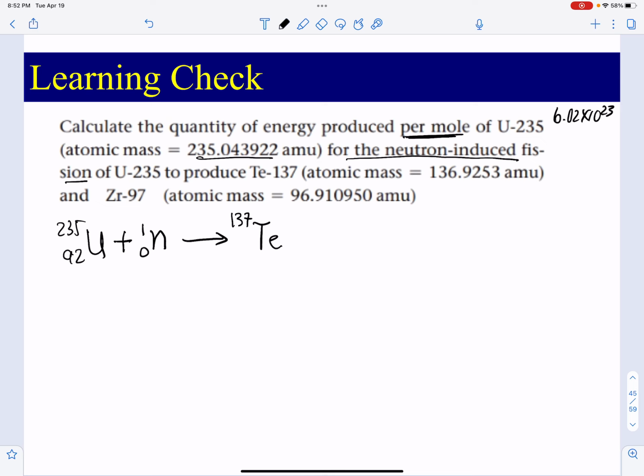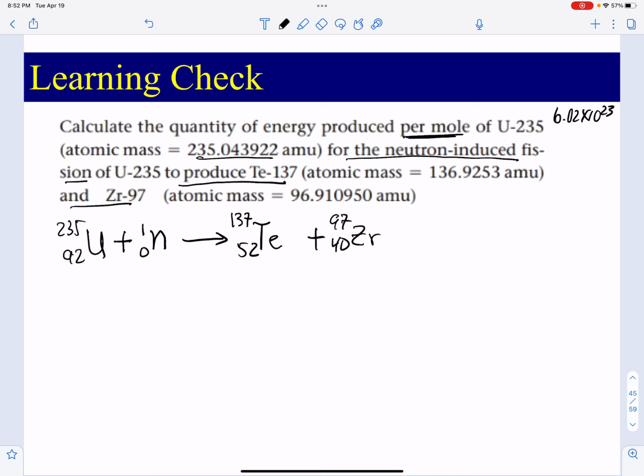Tellurium is number 52, to produce tellurium-137 and zirconium-97. And zirconium is number 40.